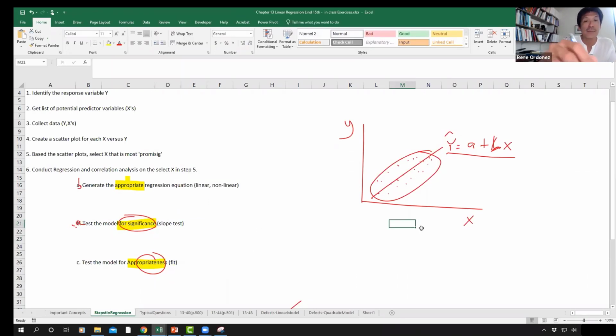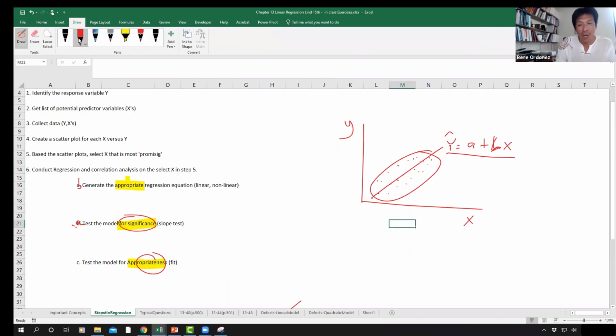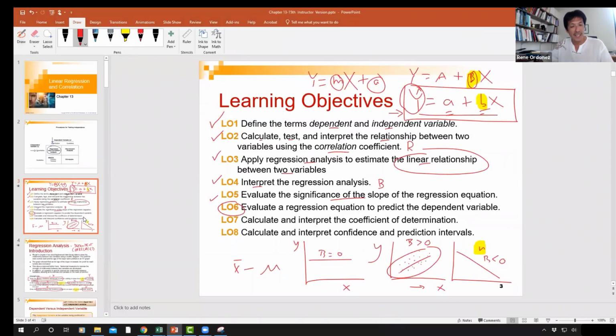Well, the slope test can be represented in a hypothesis this way. The null hypothesis says that the actual slope of the model is equal to 0. Now, in this example here, that would be this. If you have a flat line that expresses the relationship between x and y, that would be the null hypothesis, right? The slope is equal to 0, meaning x is not a good predictor for y.